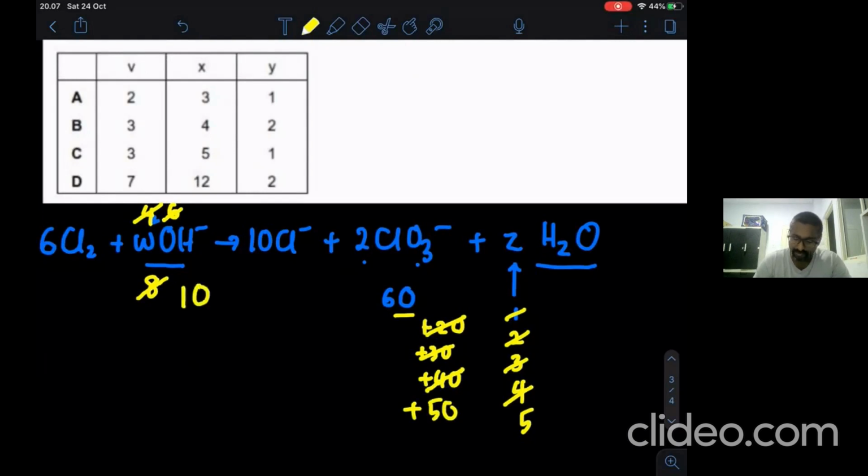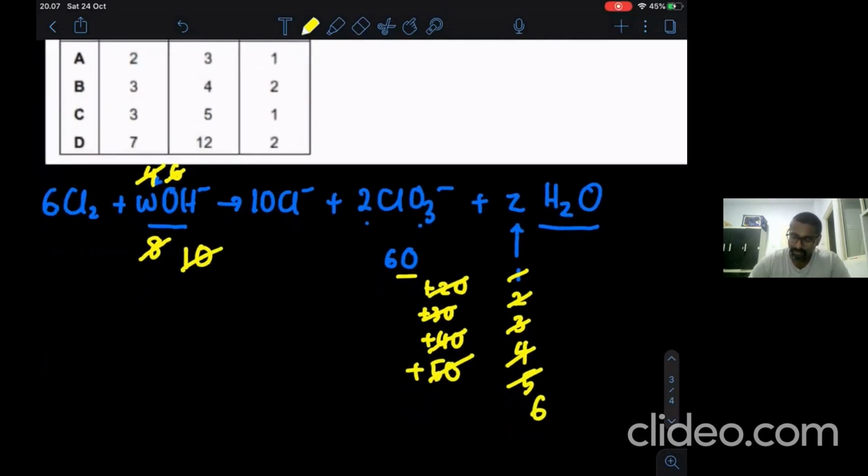So the oxygen is 10 oxygen, 10 hydrogen. This is still not balanced, so cannot. So if I put 6, I am going to get 6 oxygen, plus 6 oxygen, I'm going to get 12 oxygen.